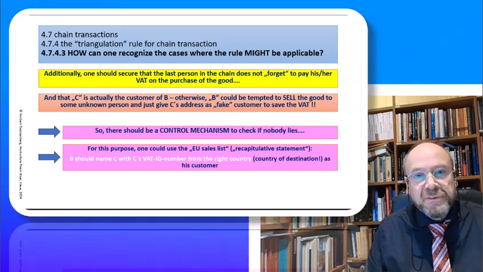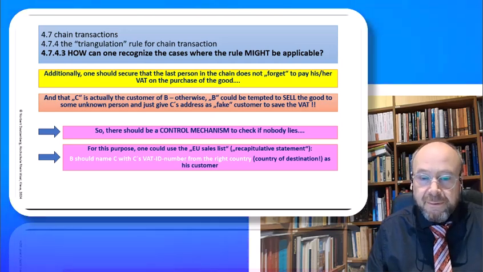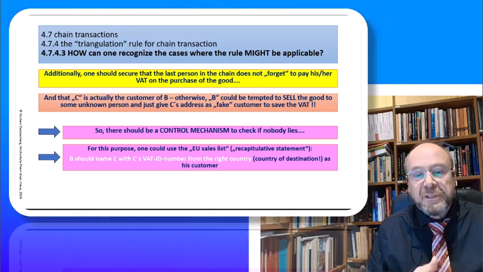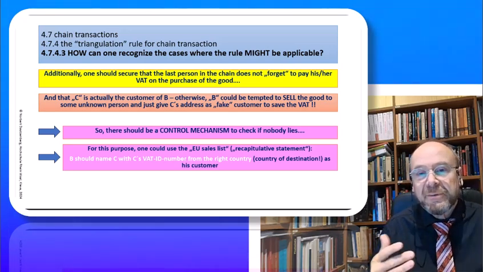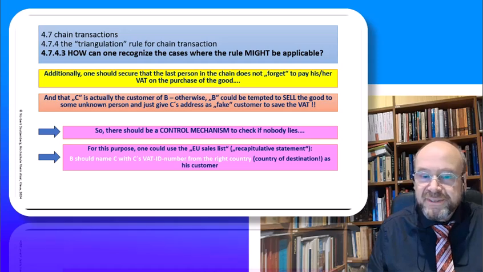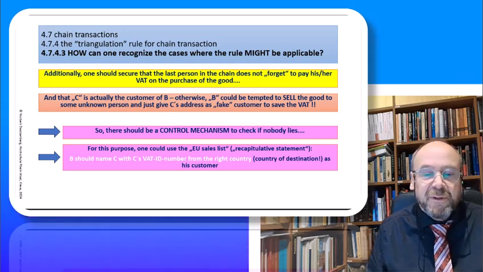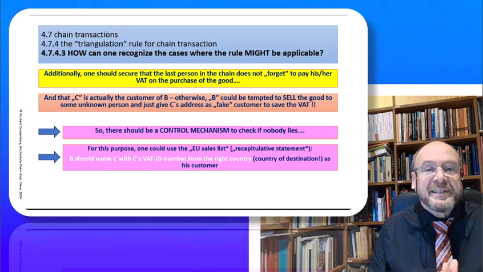So there should be a control mechanism to find out if people lie. For this purpose, one uses the EU sales list or recapitulative statement. So B should name C with a VAT number from the right country, that's the country of destination, as his customer.